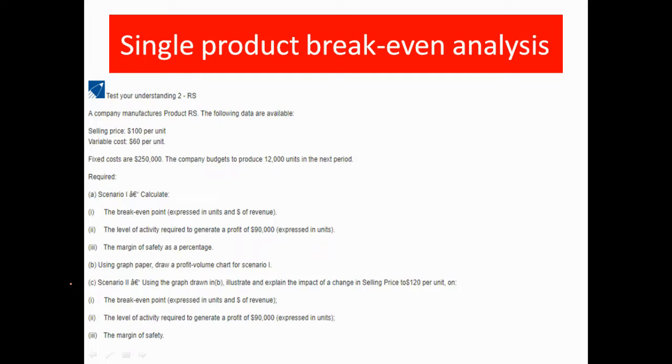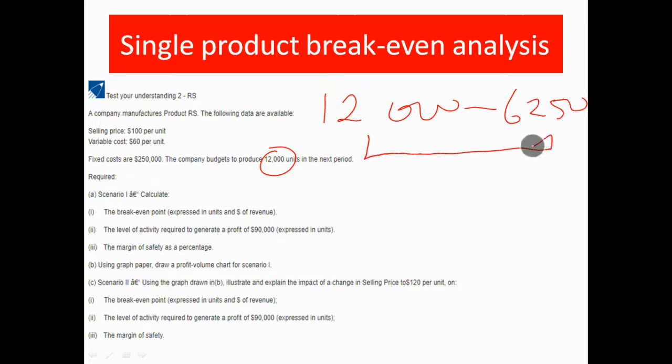We have a level of activity of 12,000 units, but we calculated our break-even to be 6,250. So the difference between this total level of activity and our break-even point becomes our margin of safety. Margin of safety is the amount by which profit is allowed to fall before a loss is made. So here you'll be expressing your margin of safety in units.